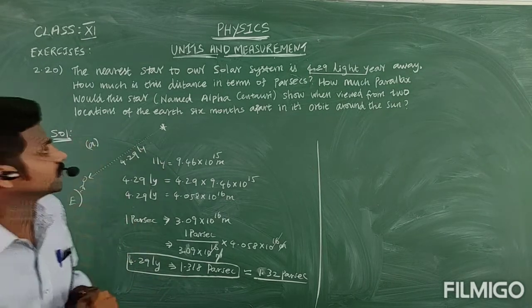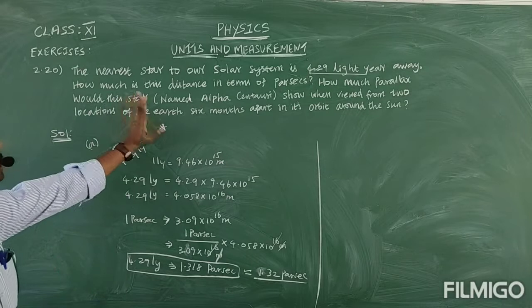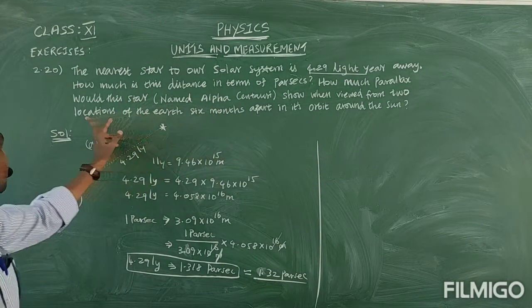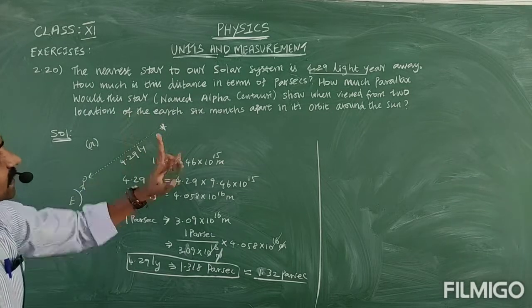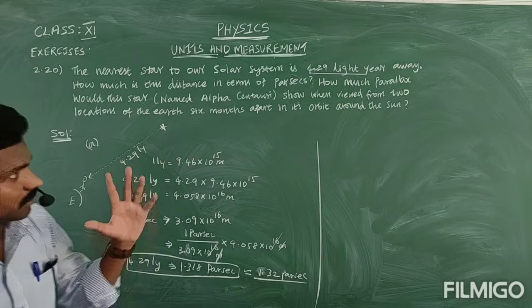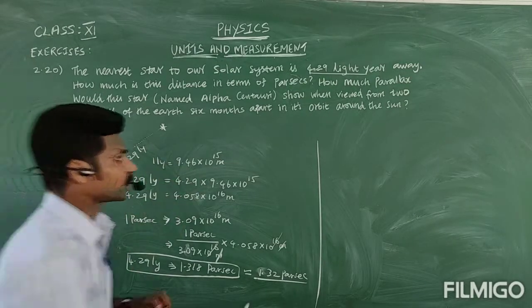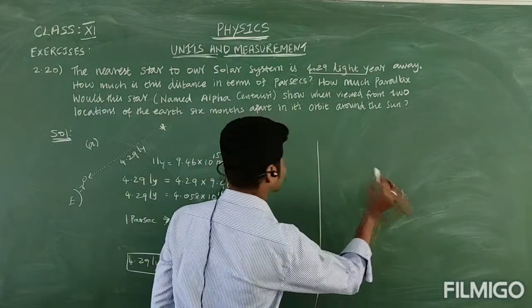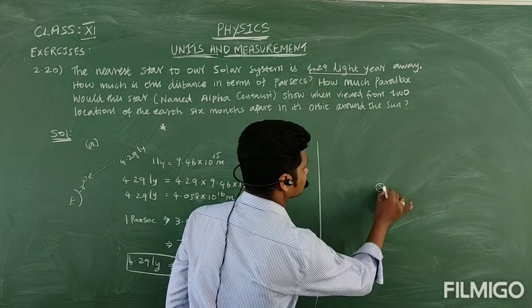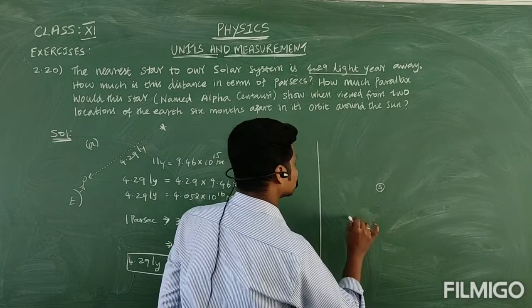Right. The second question, see that: show when viewed from the two locations of the Earth 6 months apart in its orbit around the Sun. Say for example, this is the Sun, and this is the Earth.